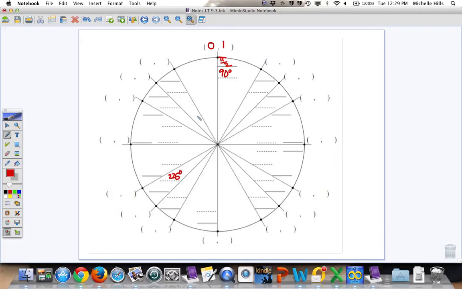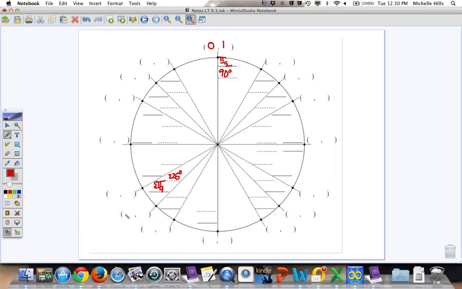Think about this in terms of this is pi, this is half pi, so each of the 45-degree angles is going up by 1/4 of pi. So this would be pi over 4, pi over 2, which is 2 pi over 4, 3 pi over 4, 4 pi over 4, which is just pi. This is 5 pi over 4.